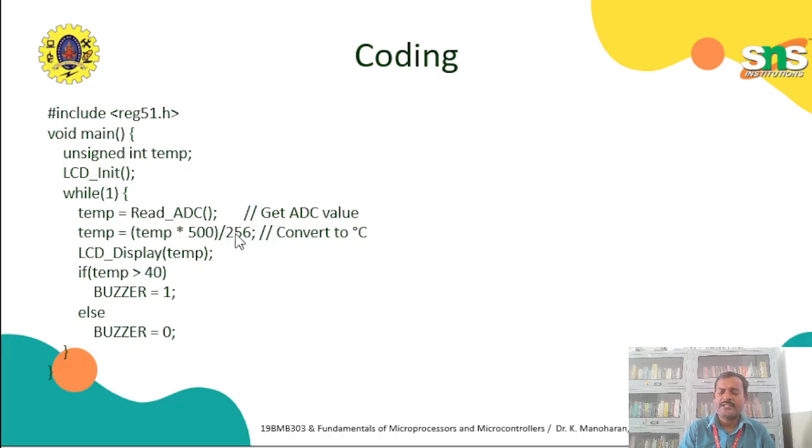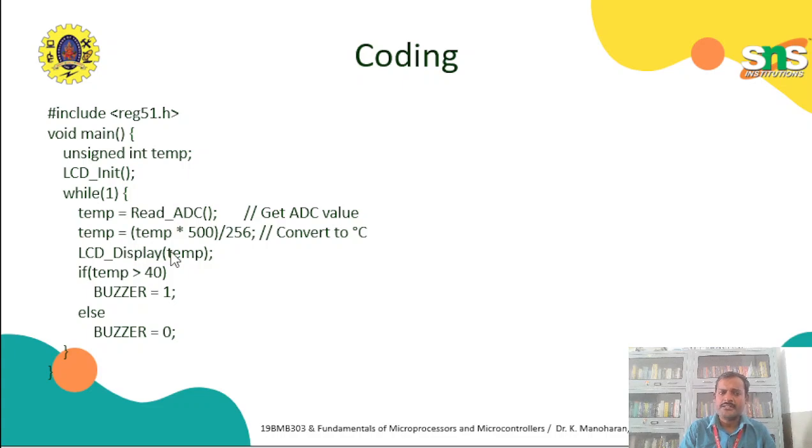Why 256? Because this is an 8-bit ADC. After that, I'm going to display the information. I'm calling the LCD display function with temp. LCD display is a display function. The temperature is what I'm going to display, that's why LCD display with the variable temp. So here I have read the temperature and displayed the temperature.